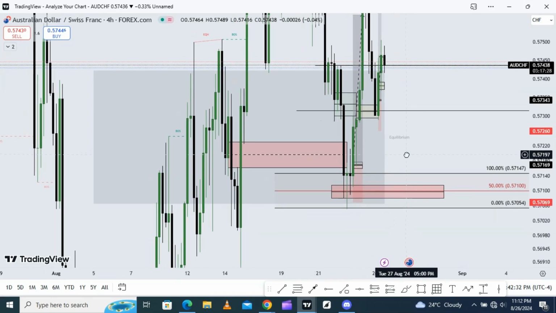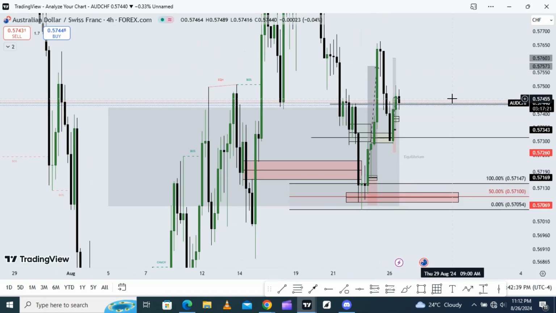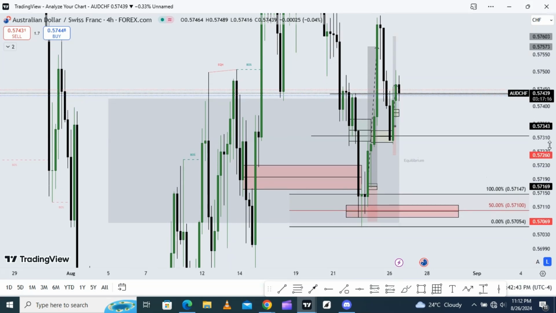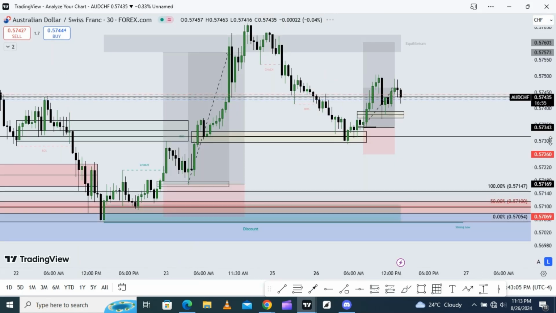So after you do all the important things that you have to do to get a clear setup, like understanding the market structure and your bias, and where the market is supposed to reach, whether it is a pullback or a continuation trend or something like that, let's go to, say, 30 minutes to see our confirmation, or 15 minutes.